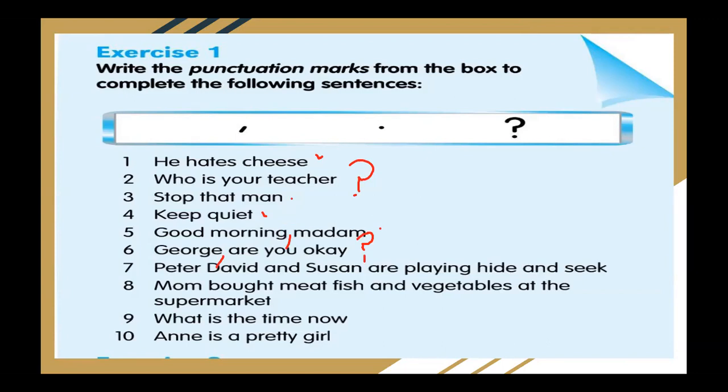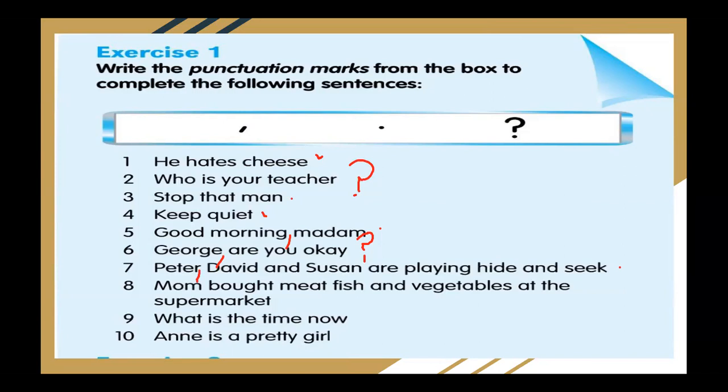Peter, David, and Susan are playing hide and seek. What will come over here? After Peter, comma. Peter, comma, David and Susan are playing hide and seek. Then what will come? Period. Very good. Mom bought meat, fish, and vegetables at the supermarket.